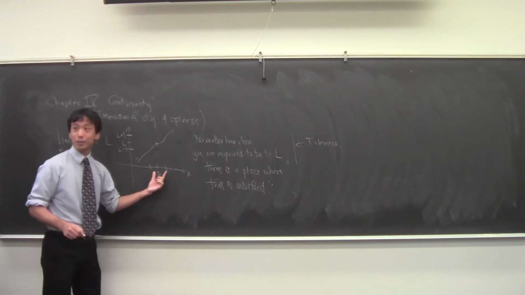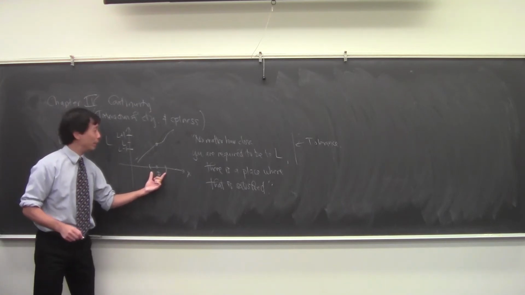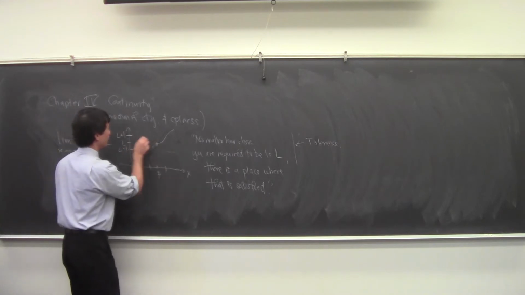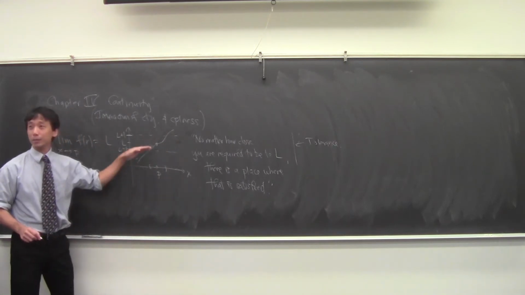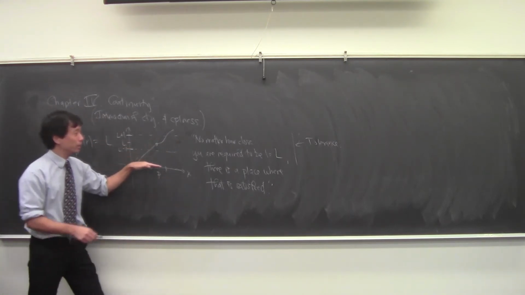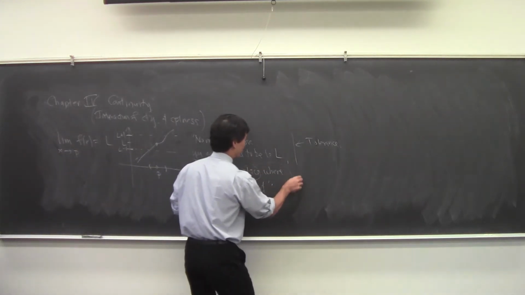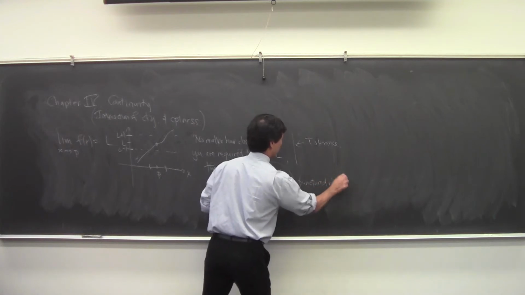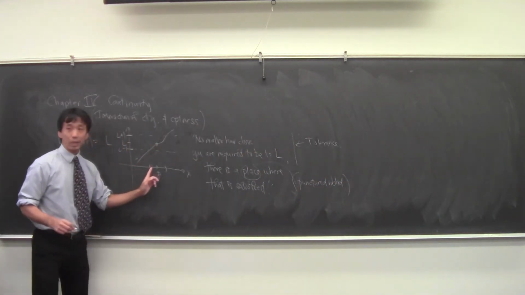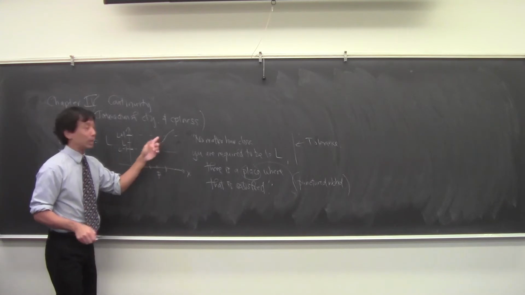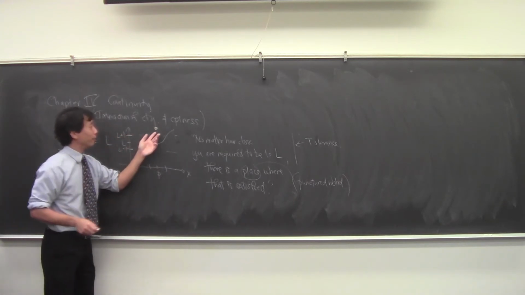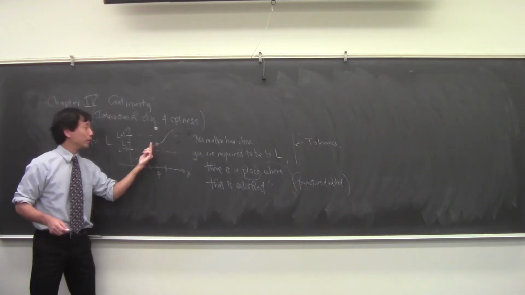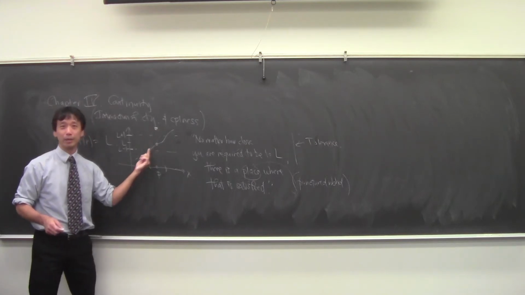In this punctured neighborhood, everybody lies between L minus 1 and L plus 1. So when we say place, what we actually mean is punctured neighborhood. It's punctured because, as you recall from your first encounter with continuity, with limits you don't care what happens at that point.